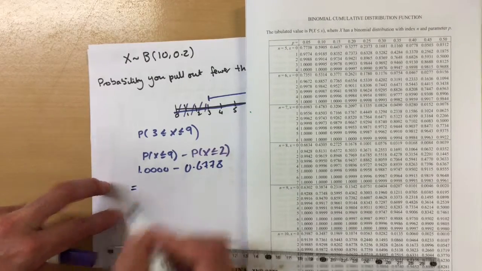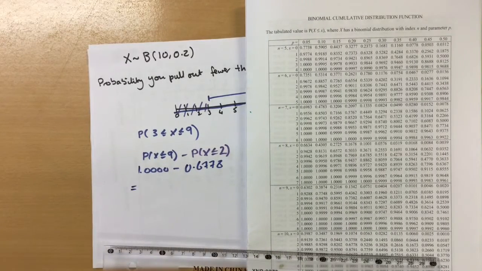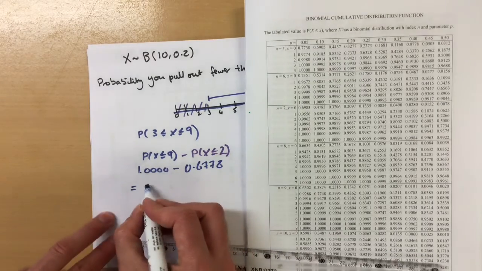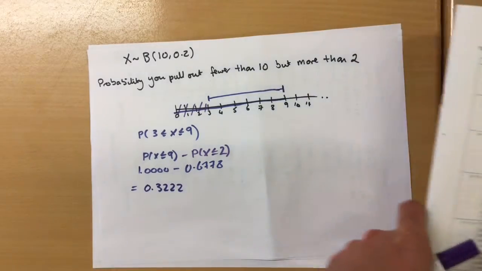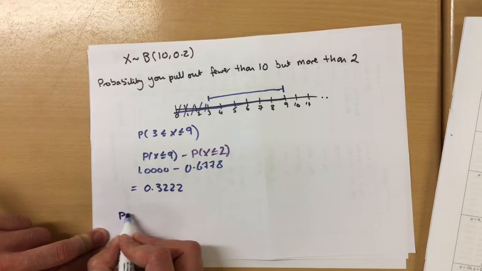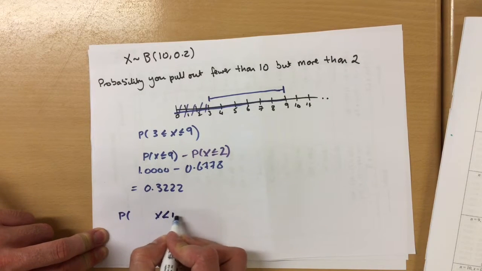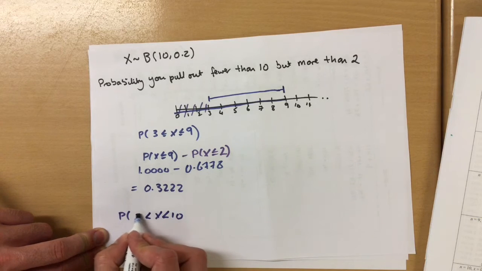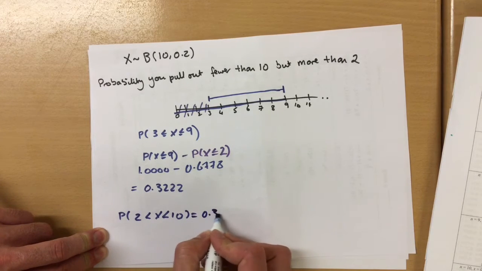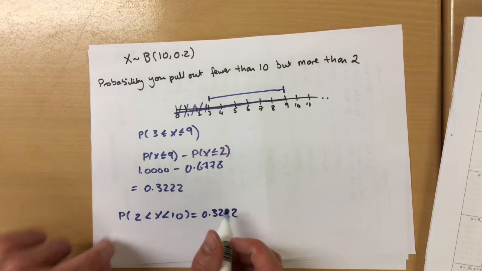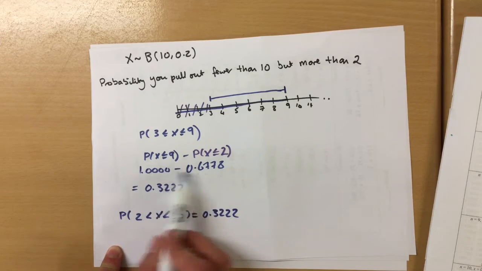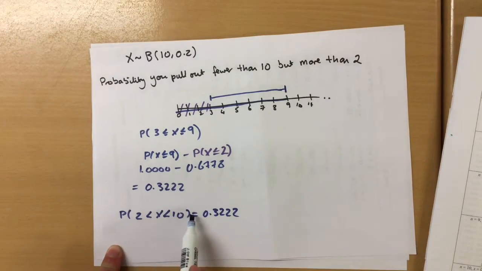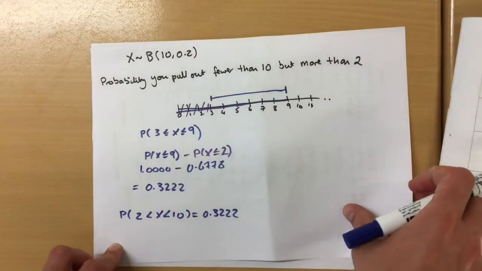Okay, and then you do a subtraction and find your solution, which is 0.3222. So the probability that x is less than 10 but more than 2 is 0.3222. Notice I've written down the two values I'm looking at in the sum, my answer, and then my answer line based on what's in the original question.